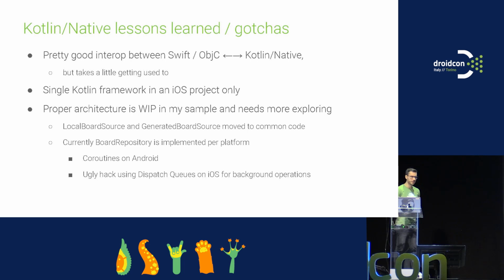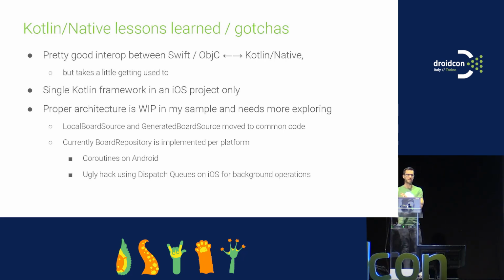The one thing that I hit that was a speed bump for me was that you can only have a single Kotlin framework, the artifact that you build from your Gradle build from Kotlin, in an iOS project. So at first I thought, let's modularize everything as much as I can. For example, my storage solution is a self-contained library, right? All it does is provide you a library for saving key values.